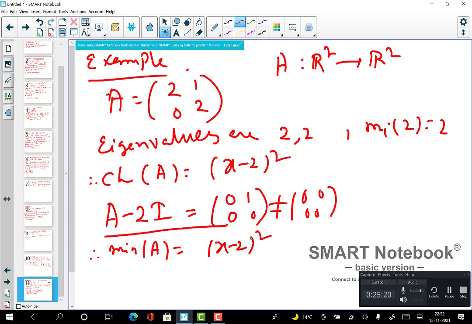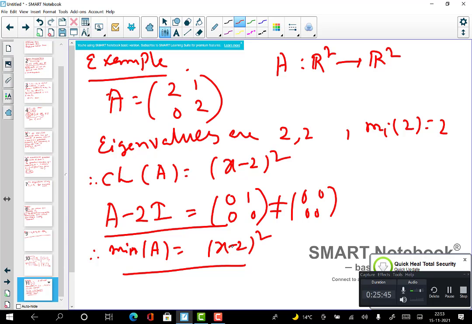What does that mean? Okay, so I will come to that. I will discuss one more thing, the geometric multiplicity, then I will come to this.